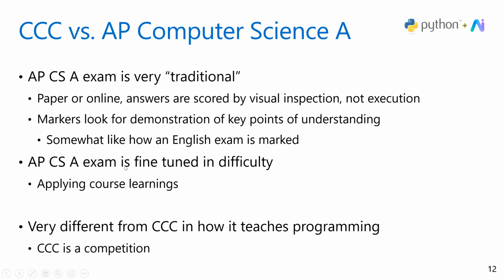And it's about applying course learnings. It's very different from CCC, in that CCC is a competition. The questions are not fine-tuned. Every year, the average can swing pretty widely. It's all about how you do relative to the cohort. It's a very different experience, but both are very popular.